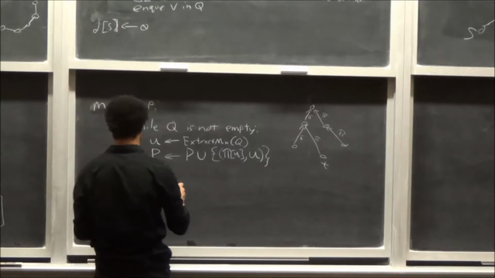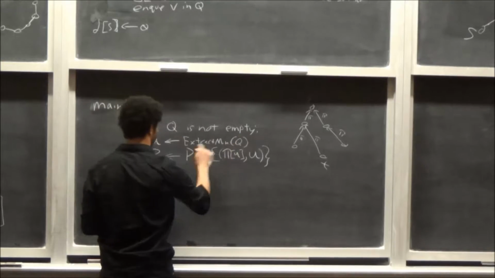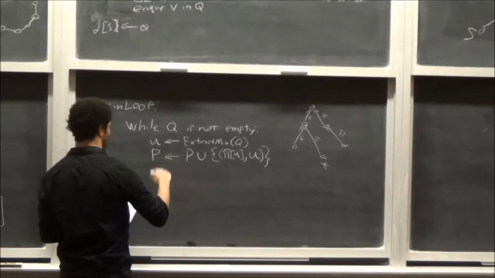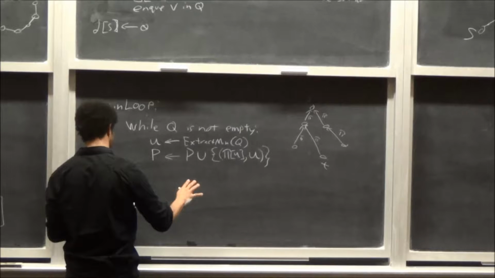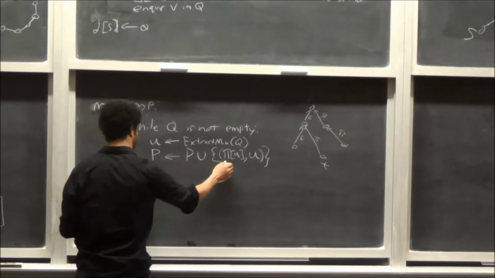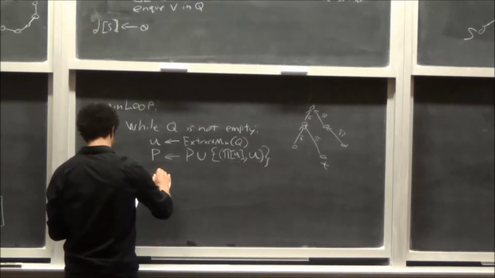So you pull an element from Q, you pop it into your set of things considered in your path, with the idea that you have this pointer that you might change later.